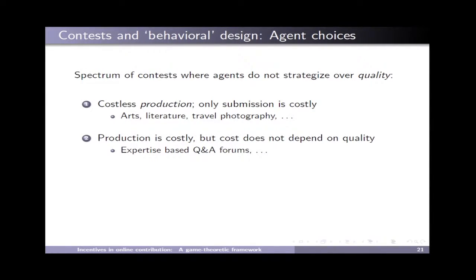And if I am someone who knows a lot about a particular topic versus someone who doesn't know much about the topic, the cost of logging in and writing down what I know is not really different. But the quality of what I produce depends on my expertise, and that has very little to do with my cost. Okay? So that's another kind of situation where you do have to explicitly produce an entry for the contest, but the cost of producing that entry doesn't have much to do with its quality.